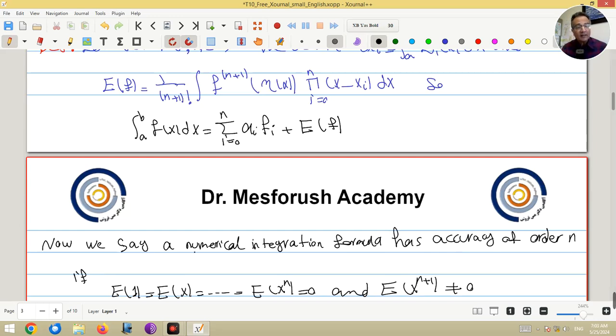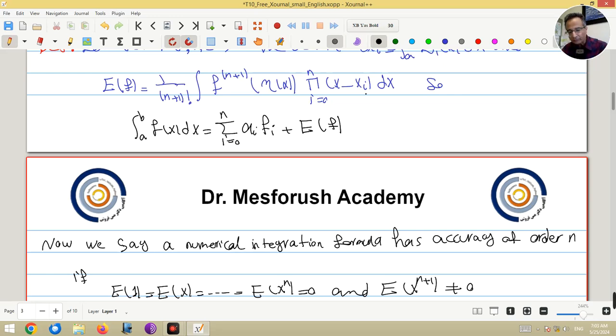So it means that if you put 1 instead of f here, this error should be 0. If you put x instead of f again, this error should be 0, and so on. So this is the meaning of the accuracy of a formula.